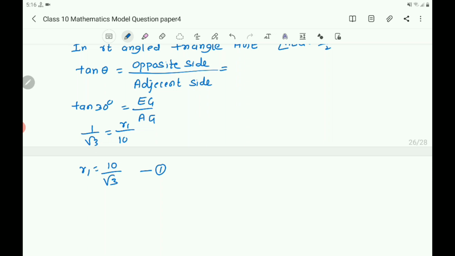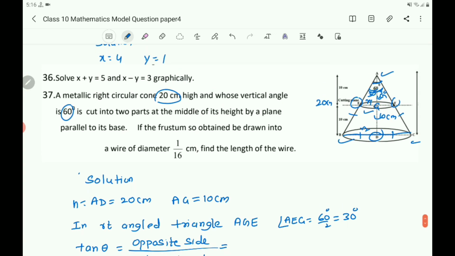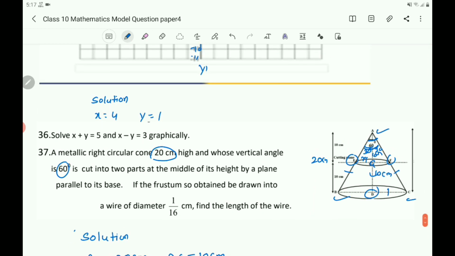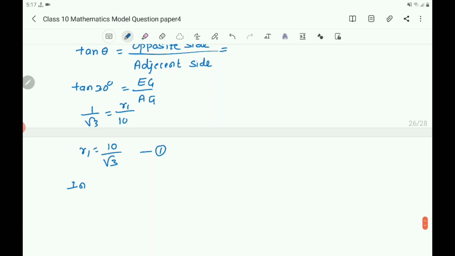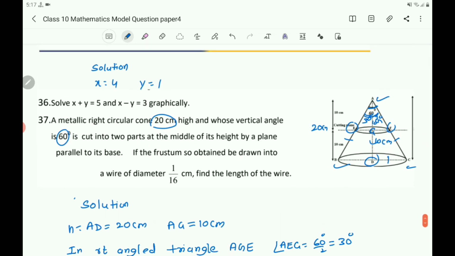Consider this first one. Next you take triangle ABD. In the right angle triangle ABD, you take the bigger triangle and again you take the same ratio.